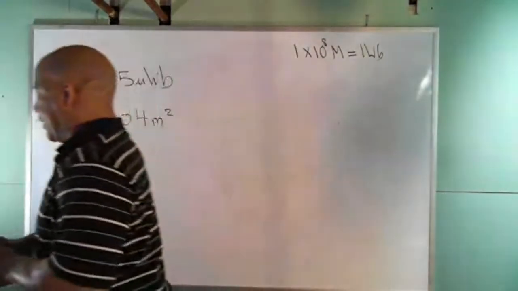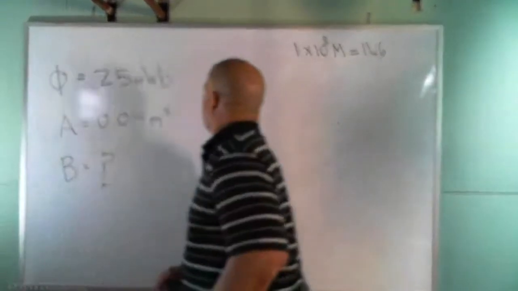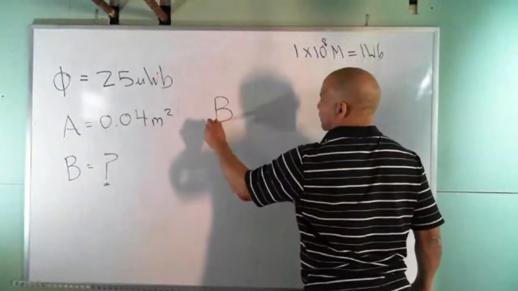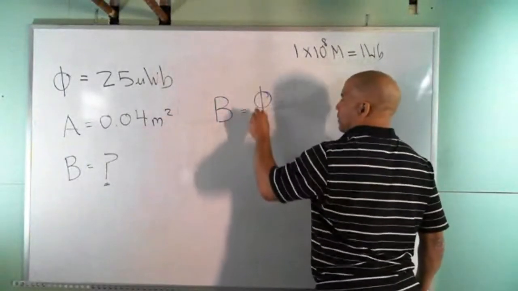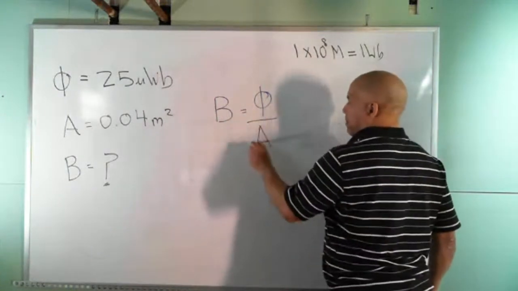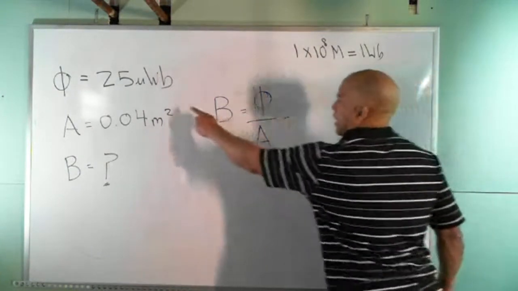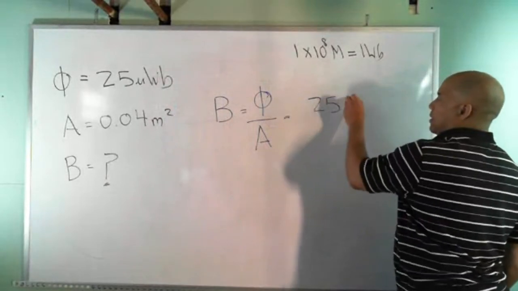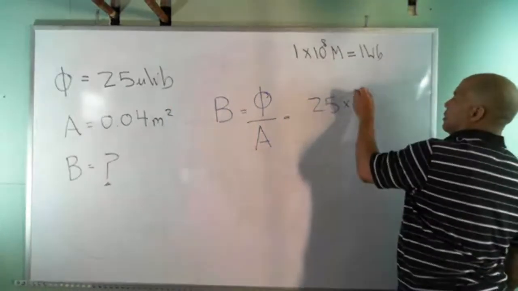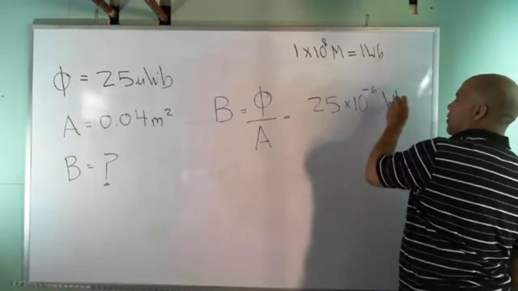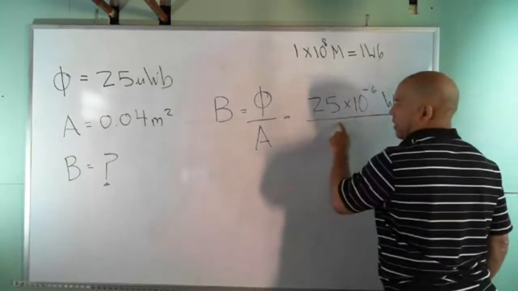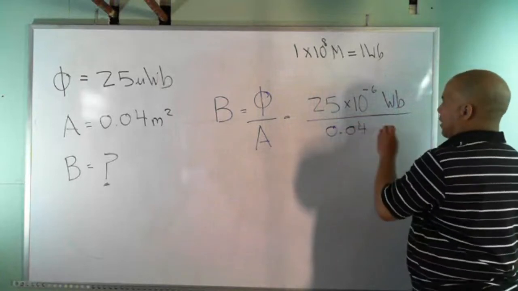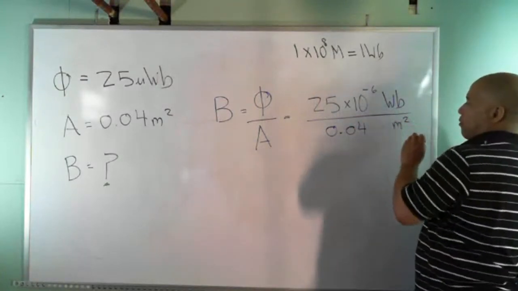And so, of course, there's an equation for this that I gave you. It said that the flux density is the flux per unit area. I got 25 times 10 to the minus 6 Webers, and I'm going to divide that by 0.04, and this meter squared will be my unit.